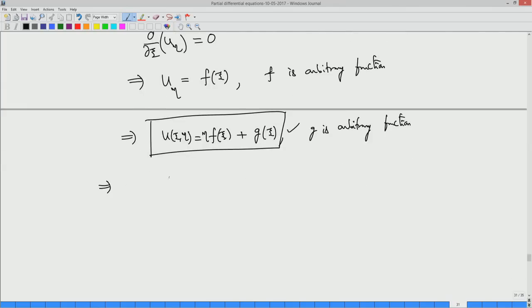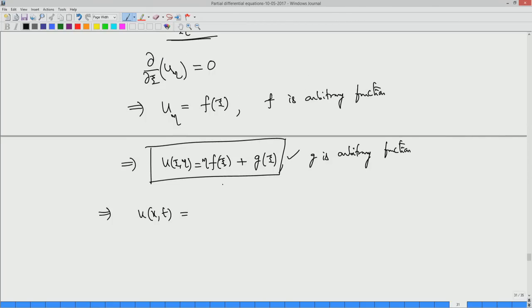Let me check: u_η is a function of ξ, yes, that is fine. Since you are differentiating with respect to η, this should be a function of η, okay.